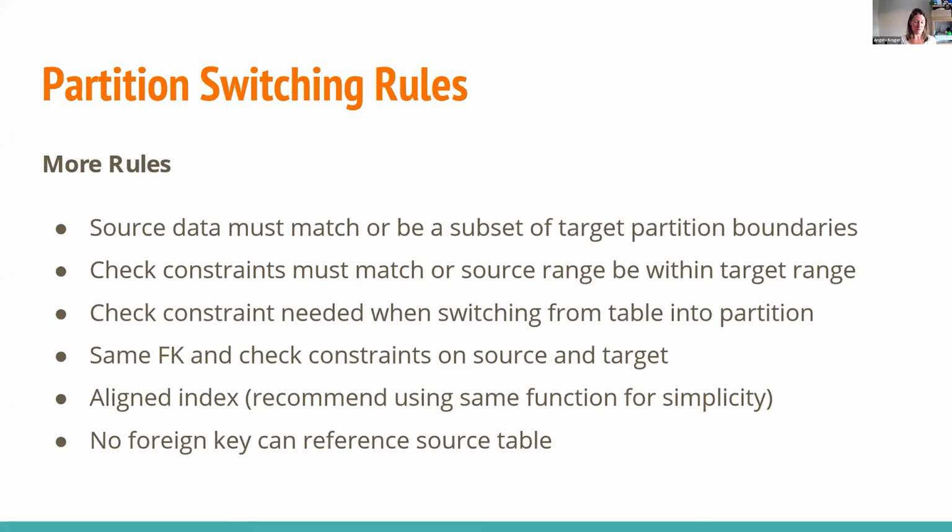That has its own considerations and gotchas, but it is possible. But at minimum, have one partition function for one table and have all the indexes on that table use that. Then you will never have to worry about your partitions becoming misaligned. If they're misaligned, your partition switching will fail, because now you're not moving it like for like, especially if you're going to an unpartitioned staging table.